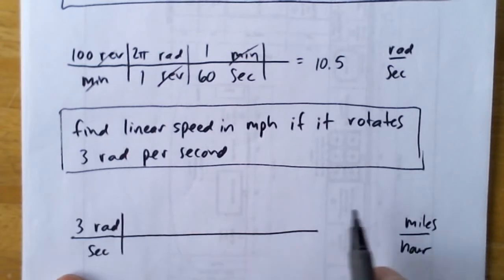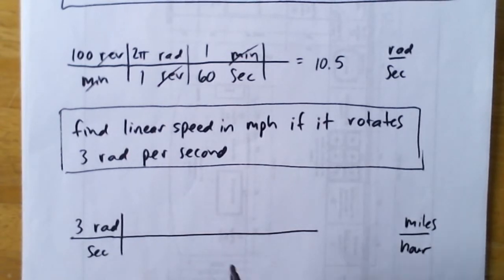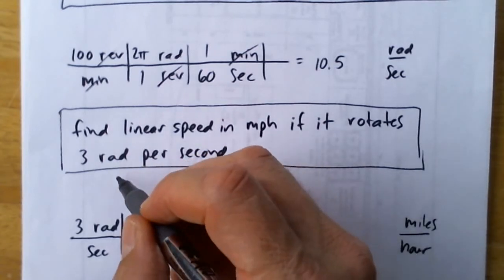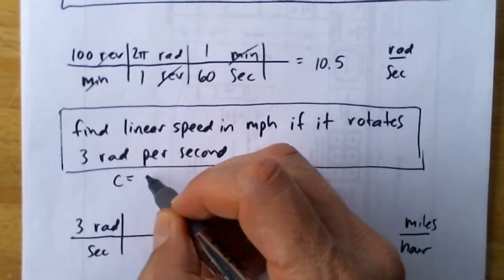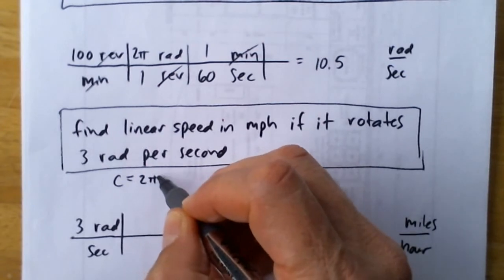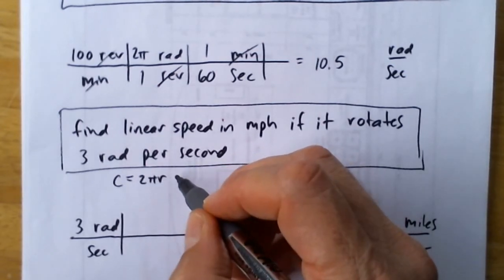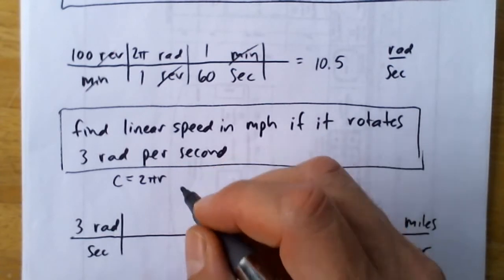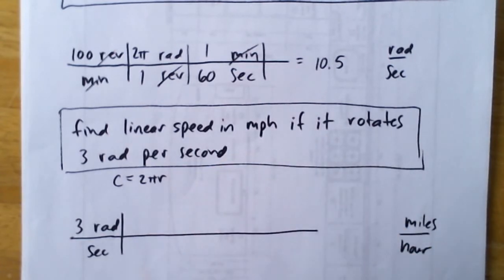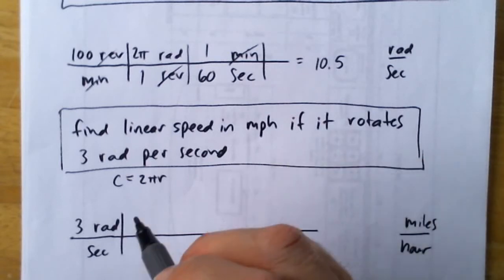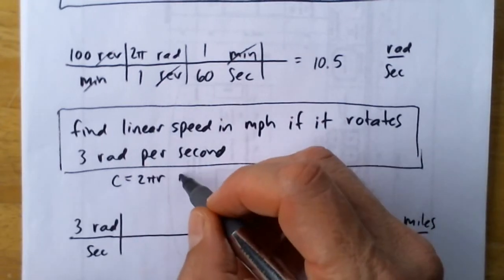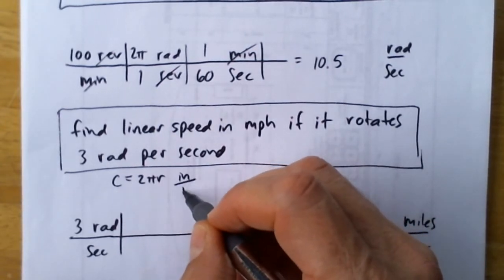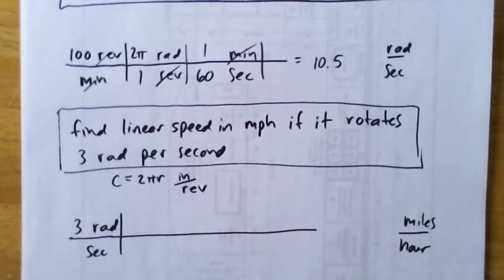Whenever you see a rotational to linear conversion, then you have to use the circumference. The circumference is 2 pi r. This will be inches per revolution.